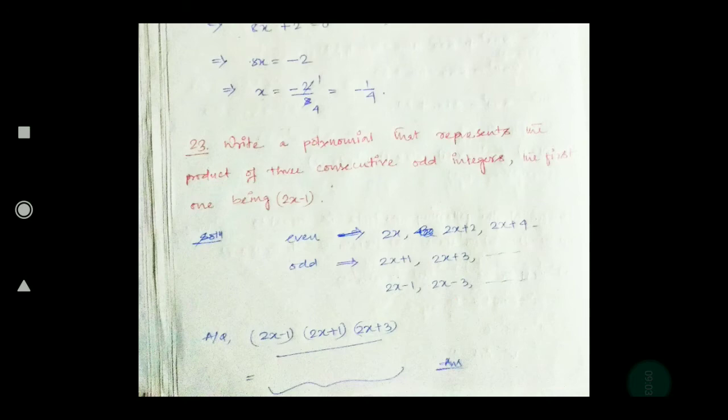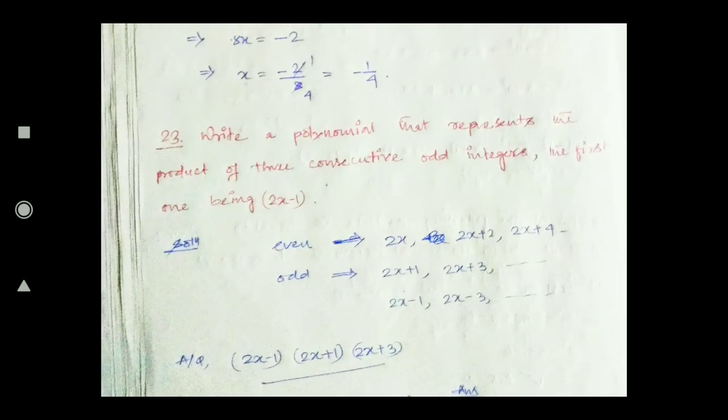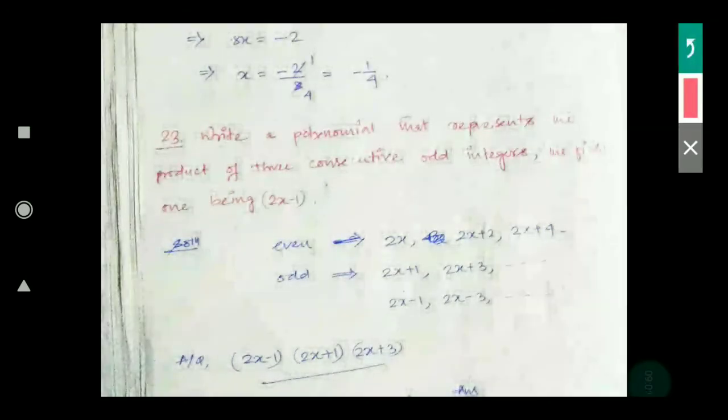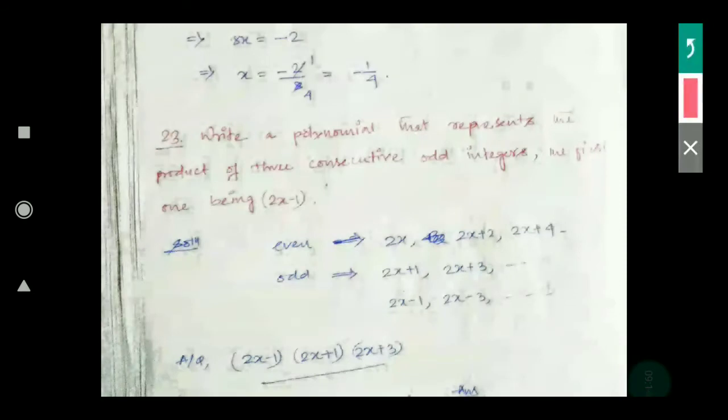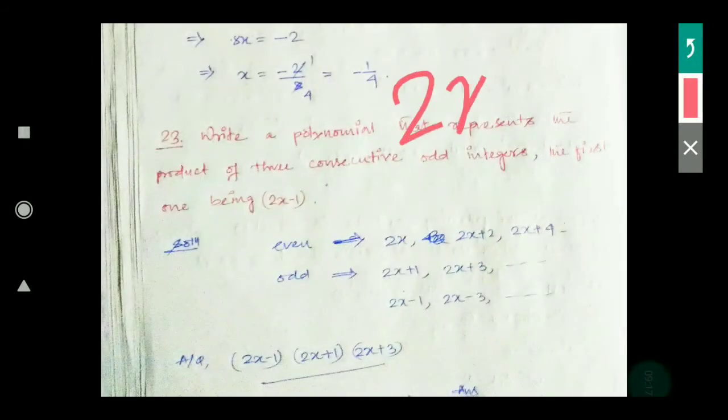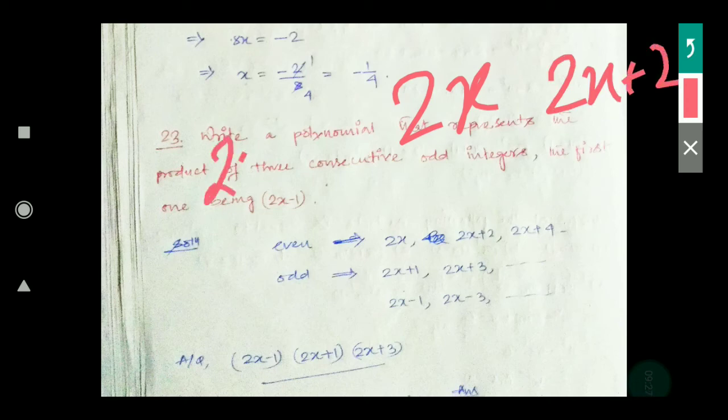But see the question, it is given that the first one is 2x minus 1, that means your first odd number is 2x minus 1. So you tell me one thing, if 2x is an even number, what is the next even number? You can write 2x plus 2, or you can write 2x minus 2, isn't it?